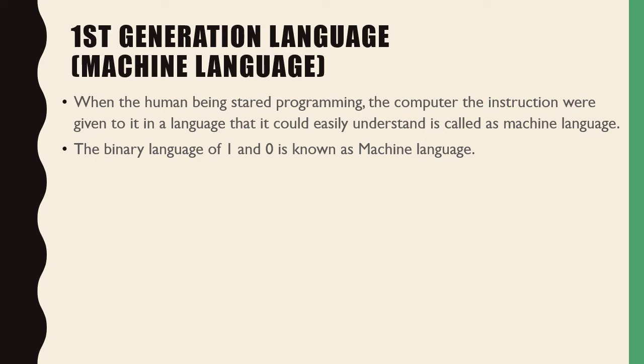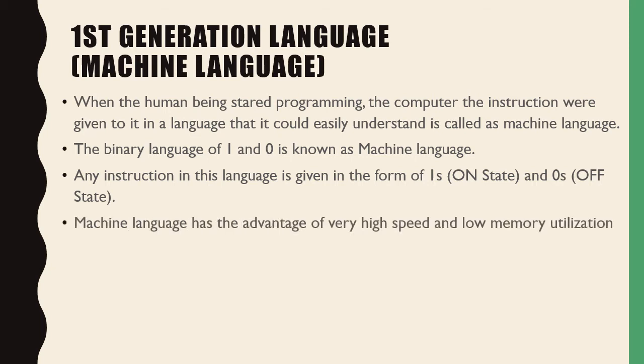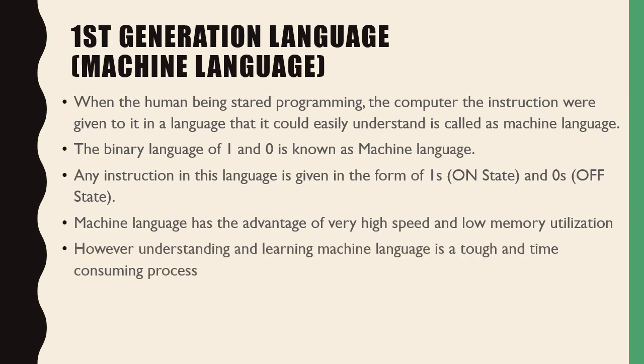The binary language of 1 and 0 is known as machine language. Any instruction in this language is given in the form of 1, known as on state, and 0, known as off state. Machine language has the advantage of very high speed and low memory utilization.